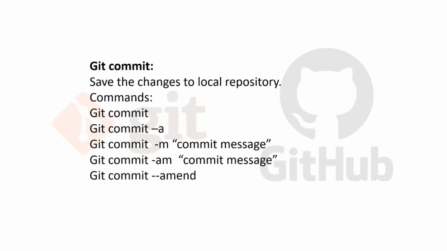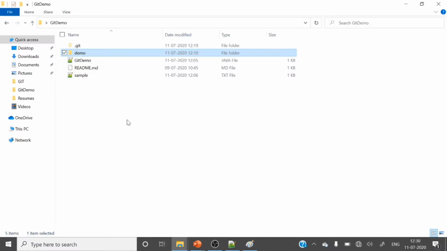After staging something, when you hit git commit, it will open a window to type your commit message, and after that it will store your changes. So let's see git commit first. Let me move to my project folder. This is the project folder, git demo.